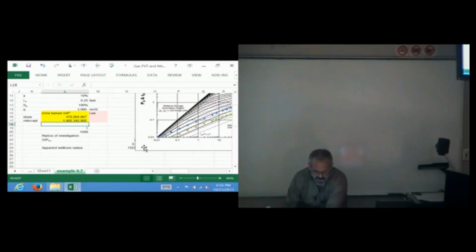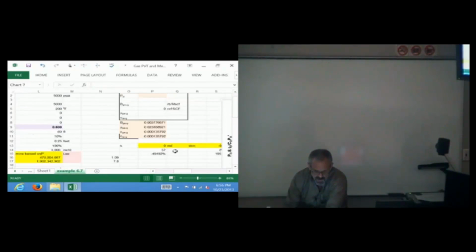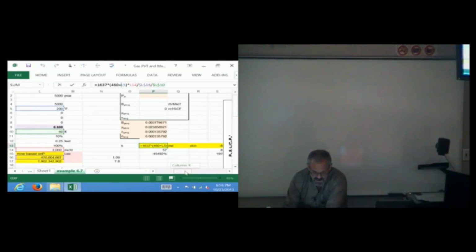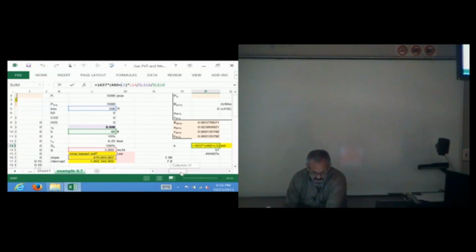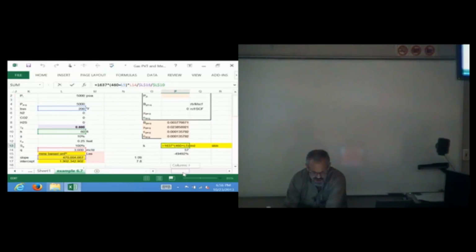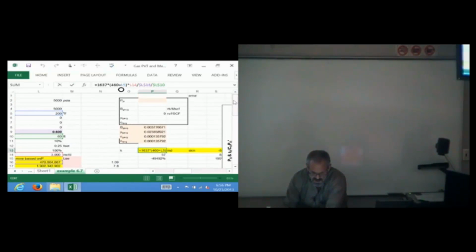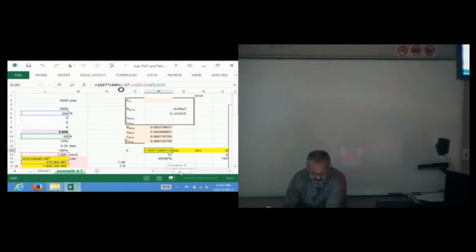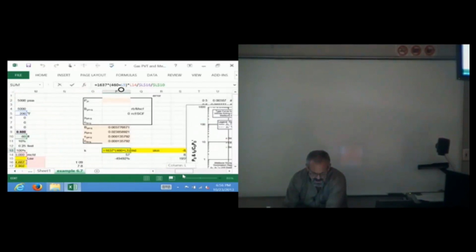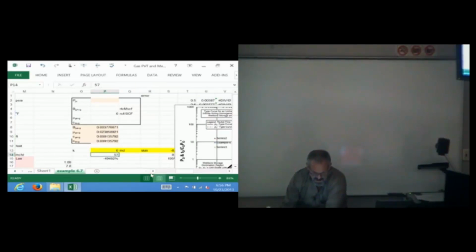I wonder if I have an equation for a perm. I do. It's based on a rate of 300 MCF a day, that slope, that temp, that gas gravity, that H, and that's it. And I think I just need to add some significant digits here.